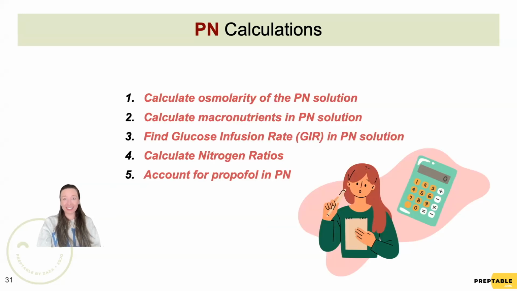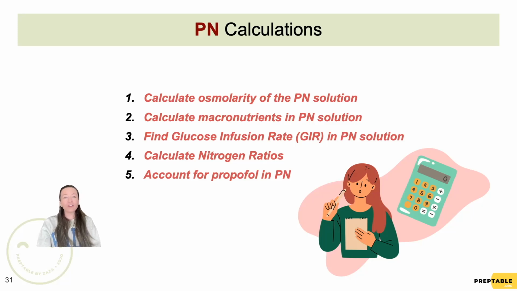Now let's shift gears a little bit and start tackling calculations. Keep the information we just discussed on the last few slides in mind, as this will be valuable for the next steps. We will be going over how to do these different types of calculations today. First, we will go over how to calculate the osmolarity of PN solution. Then we will go over how to calculate the individual macronutrients in PN solution.